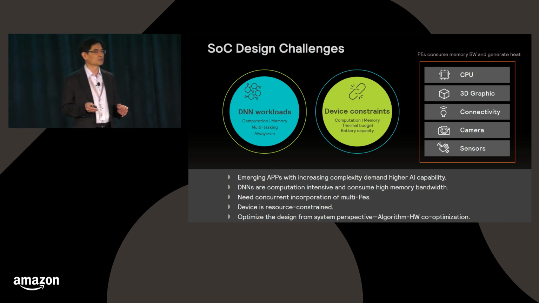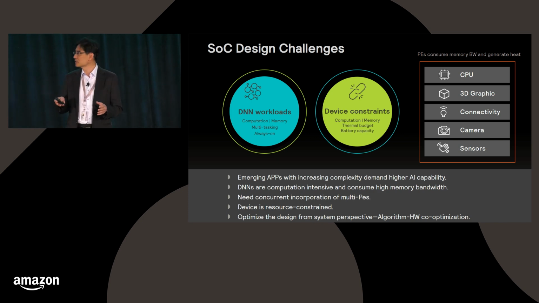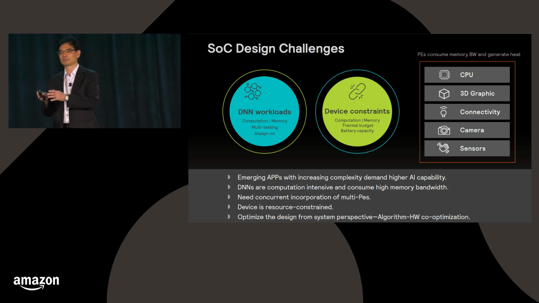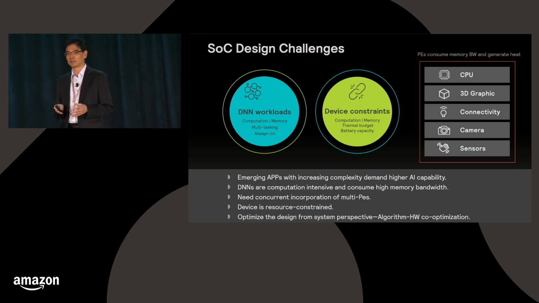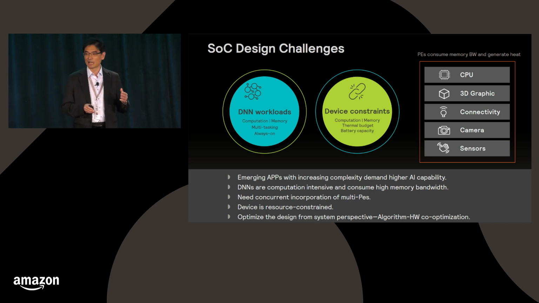So the key to designing such an SoC is that you cannot just look at it, many people ask me, how about the APU, the AI processing engine in your chip? Actually, the most important thing is you need to consider the whole system together instead of just looking at the AI. So you need to understand the applications, know the algorithm, and know your hardware, and do the co-optimization all the way from system and algorithm to the hardware.